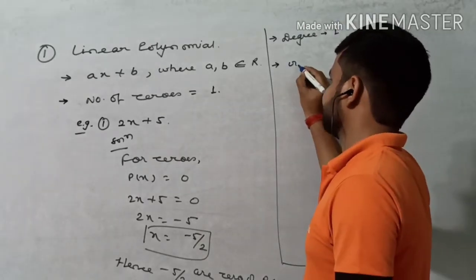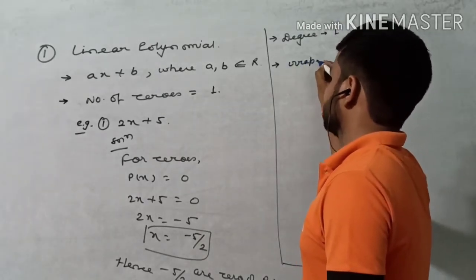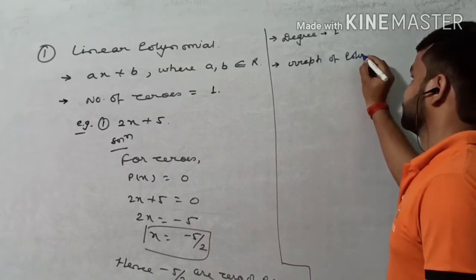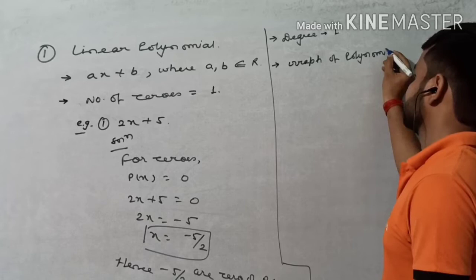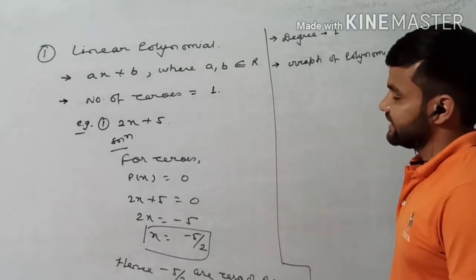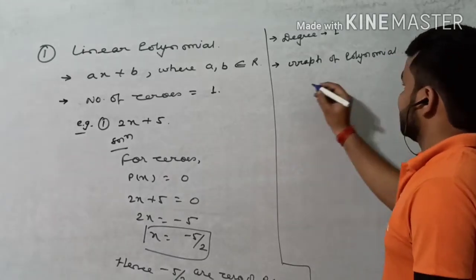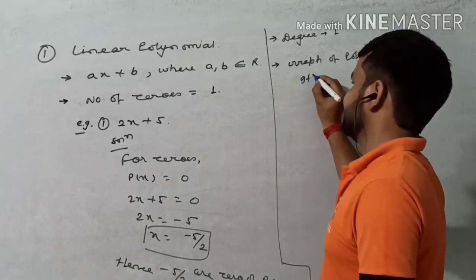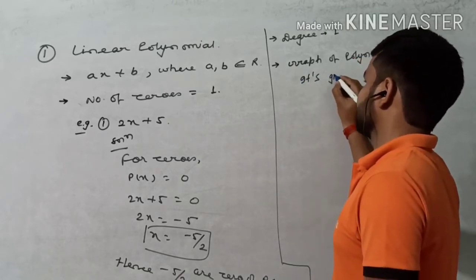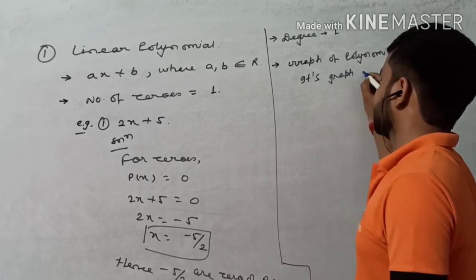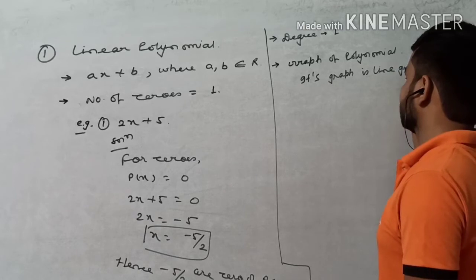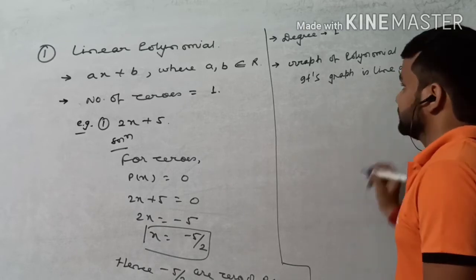Next point is graph of polynomial. That means linear polynomial, its graph is a line graph.